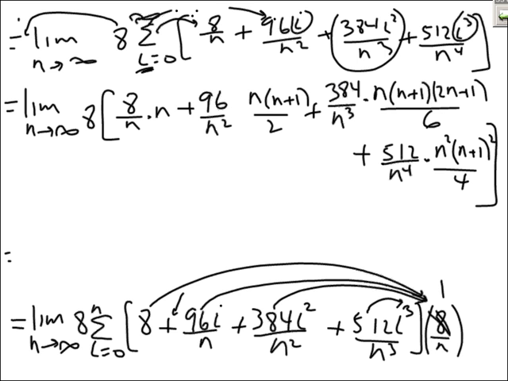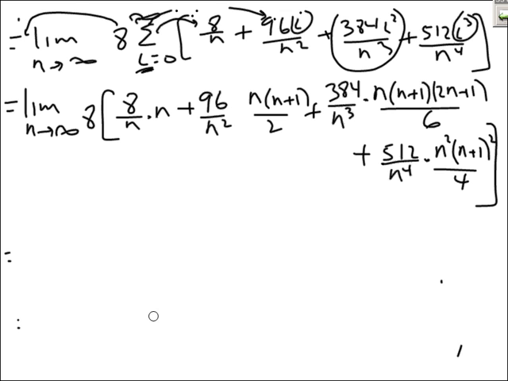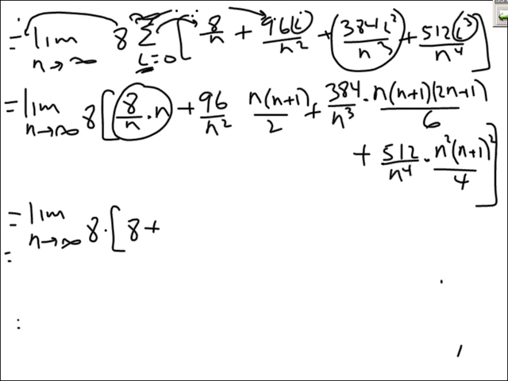Okay, let me get rid of the last one. So this is equal to the limit as n goes to infinity of 8 times, this is just 8, plus 2 into 96 goes 48 times, so you have 48n squared plus 48n.